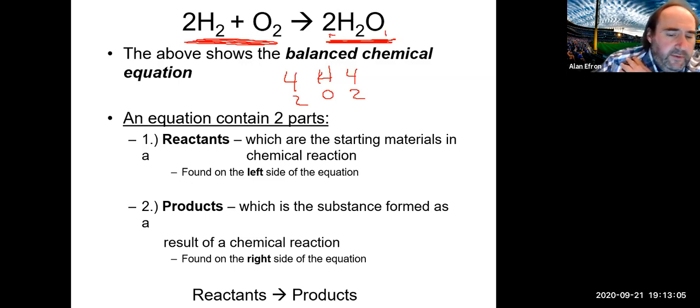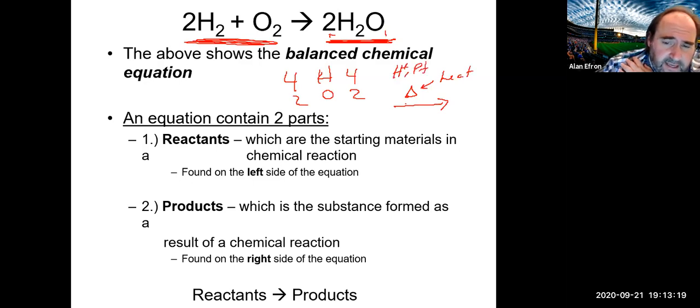Some other things we commonly see in an equation are written on the arrow. We'll sometimes see a delta symbol, which usually means heat. You may see something like H plus or Pt. Those are referred to as a catalyst.